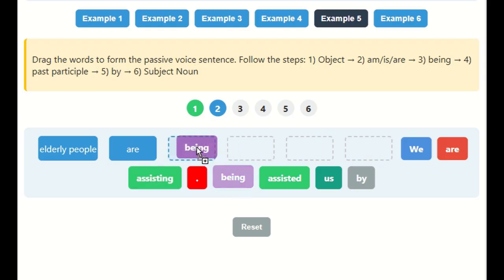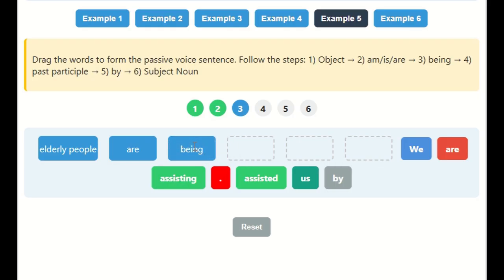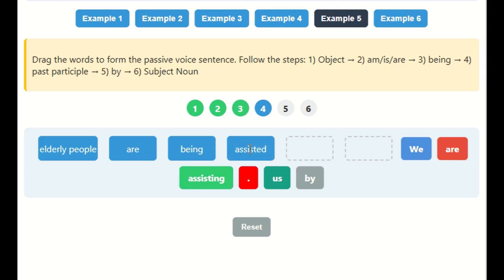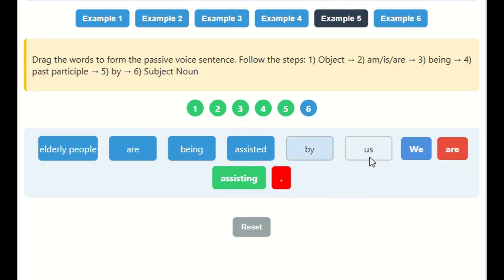Then bring the being verb. And past participle form of the verb assisting, which is assisted. Right, elderly people are being assisted. Let's see how to add subject to the sentence. Use word by and the subject. Does that make sense?